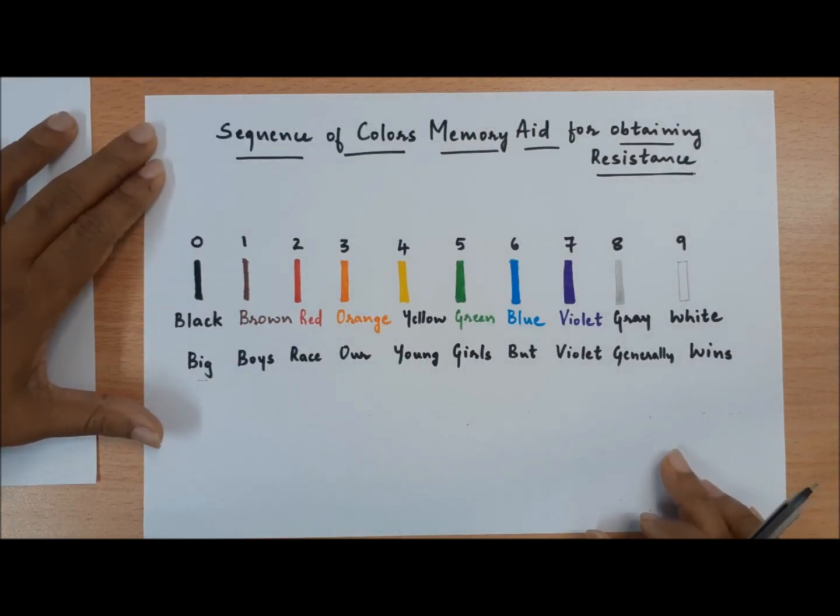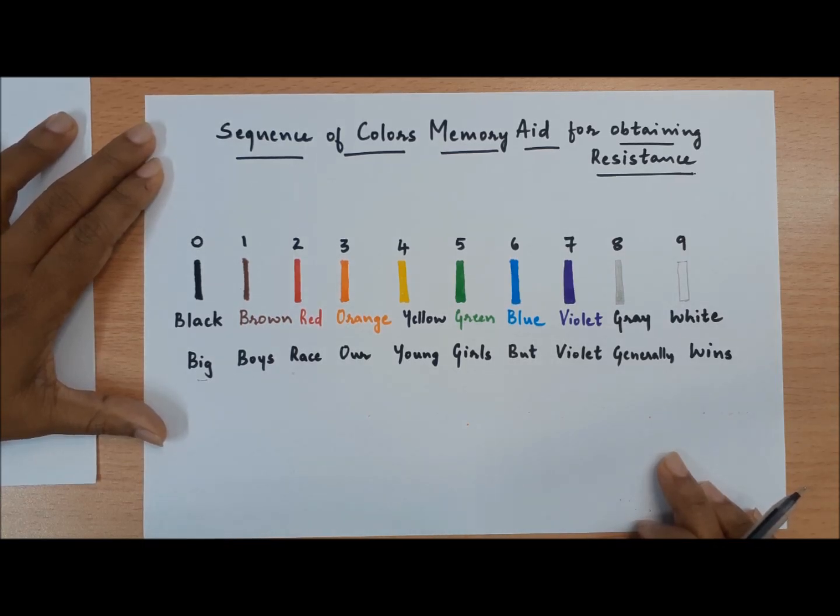Well, this is the sequence of colors that can help students remember the resistance value of a particular resistor. This is especially helpful when students are conducting experiments in the analog lab, using resistors and not knowing the resistance value.